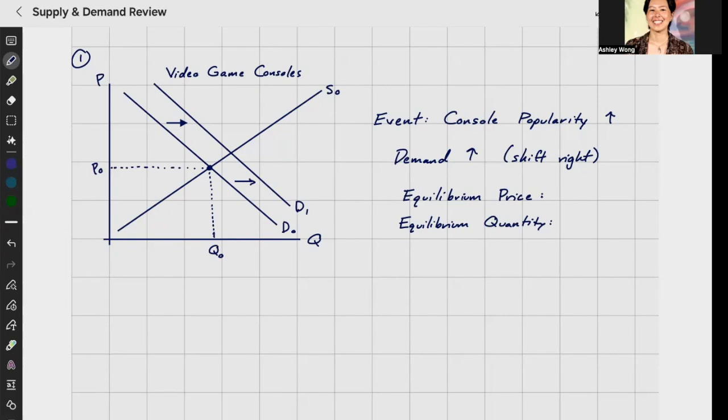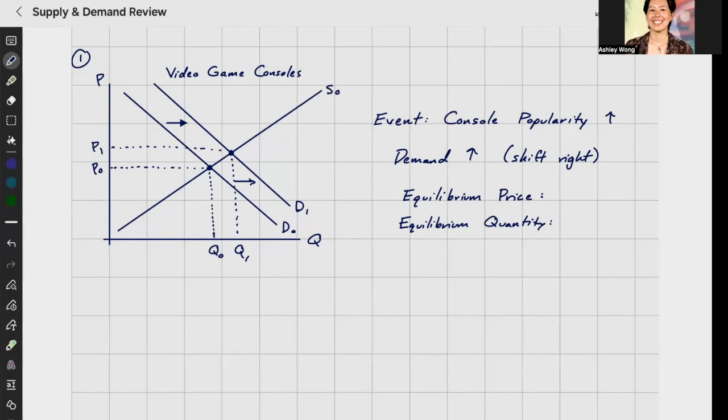So now that we've shown our demand curve shift, we want to identify our new equilibrium point. So our new equilibrium will be here, where our new demand curve is intersecting the supply. And this will give us our new equilibrium quantity and our new equilibrium price.